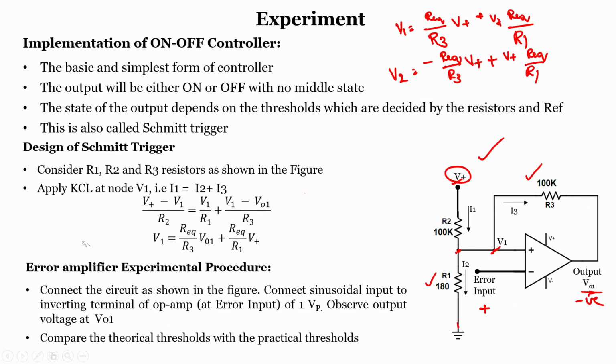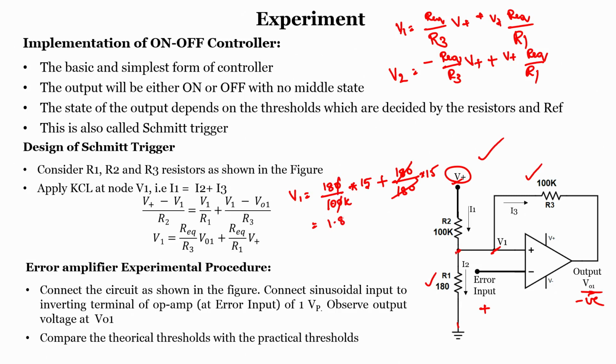So, one threshold V1 is 180 divided by 100 K into 15, plus 180 divided by R1, R1 is 180, into 15. So, 180 cancels. So, 180 by 100 K, 18 by 100.